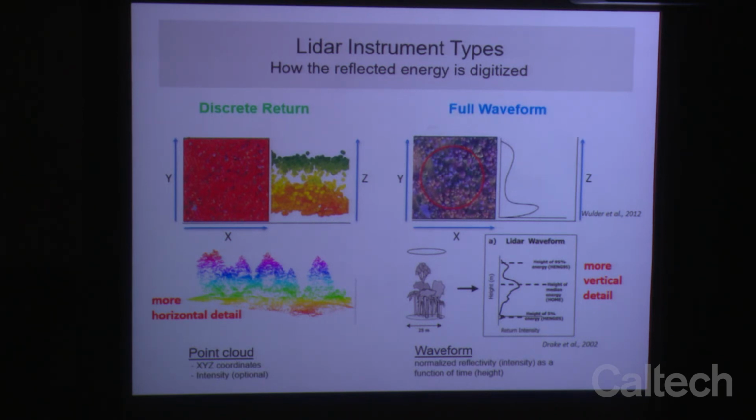Full waveform LIDARs basically digitize this waveform over the region, the footprint of the LIDAR, and you get a profile. The advantages of the discrete technique are you get more horizontal detail, but it's a lot of data to deal with. The full waveform approaches give you more vertical structure information and less horizontal information.